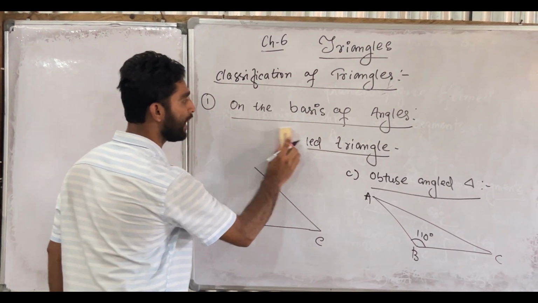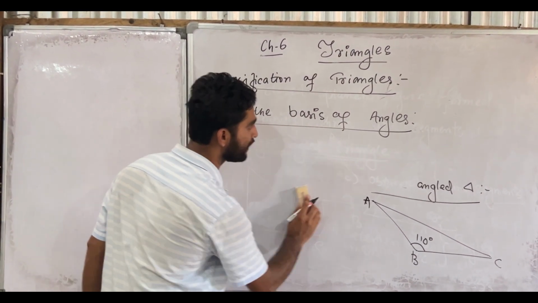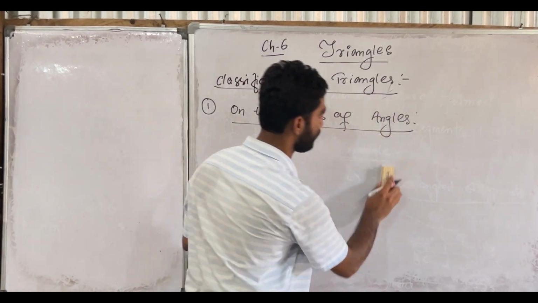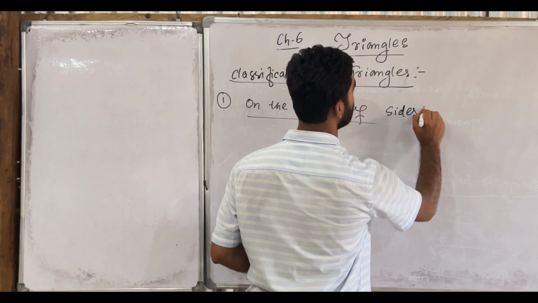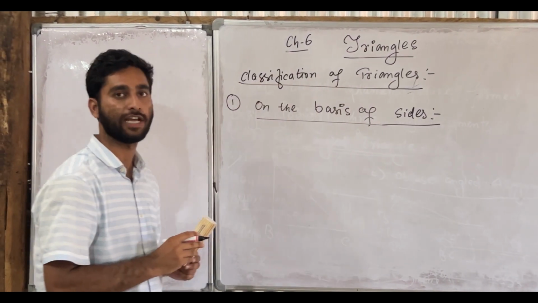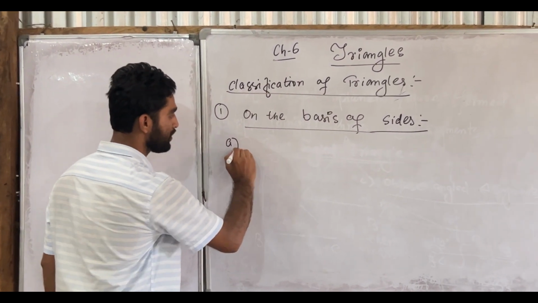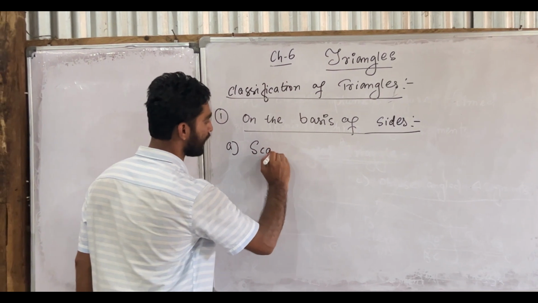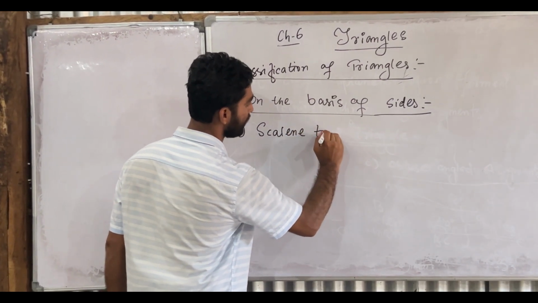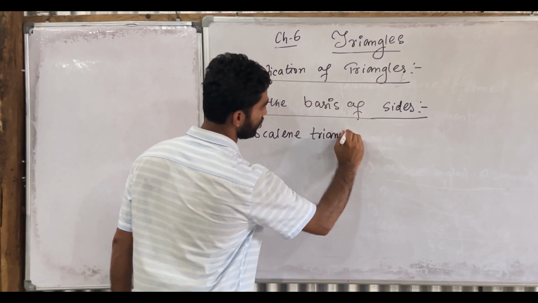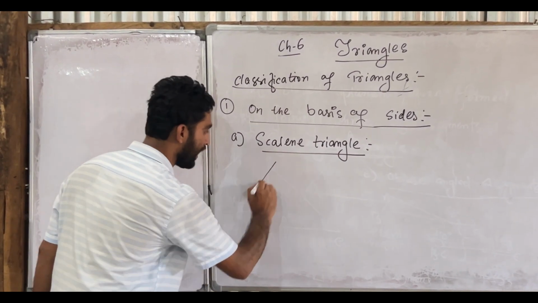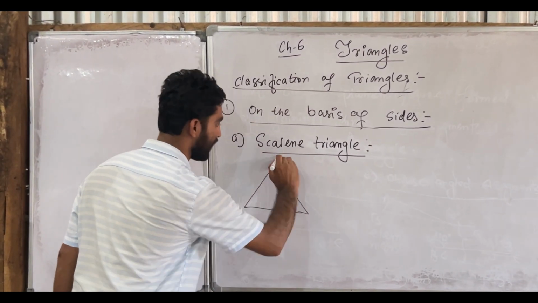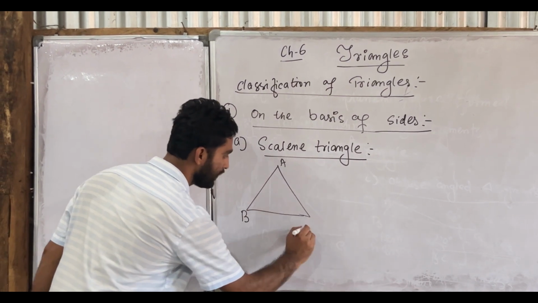Now, second type of classification we will study on the basis of sides. Again, on the basis of sides also, triangles are classified into three types. The first one is called scalene triangle. For example, I have one triangle, the triangle name is ABC.